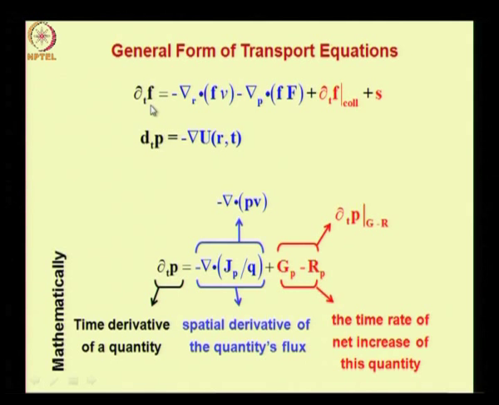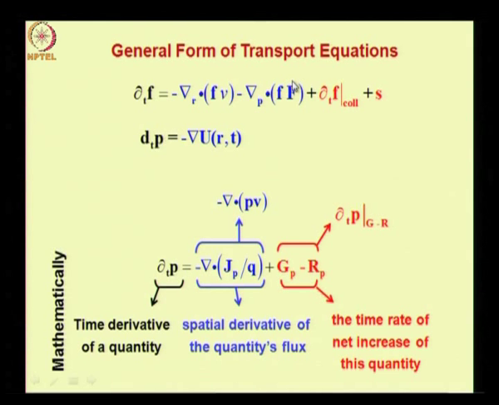Now while p here is a function of only r and t, that is position and time, the distribution function is a function of position, momentum and time, and therefore you have two gradients here, position and momentum gradients. This is the momentum gradient term, again with a negative sign, analogous to the spatial gradient term.